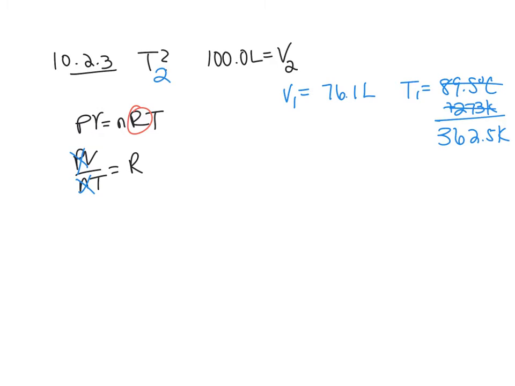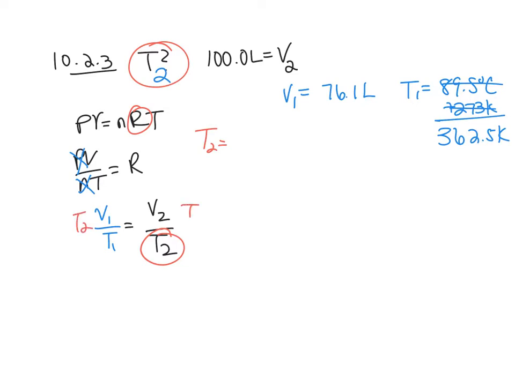And now we're going to rewrite this as V1 over T1 equals V2 over T2. We want to solve for T2 here. So now I'm going to isolate that variable: T2 equals V2 divided by V1 times T1. And that isolates my variable.